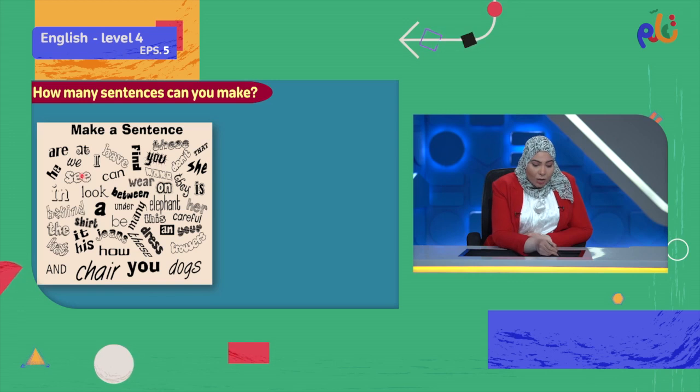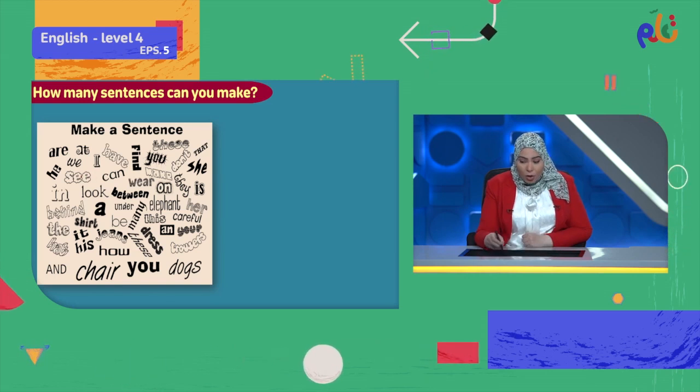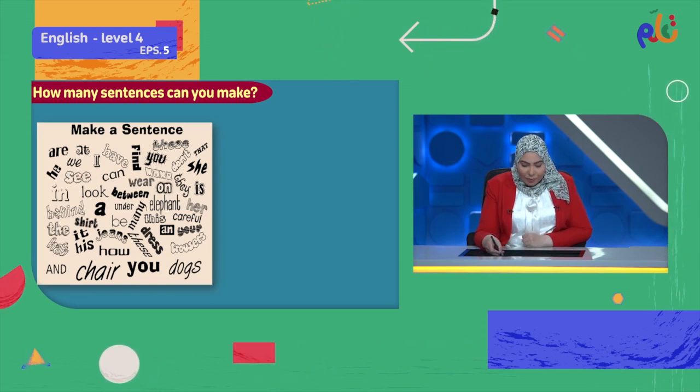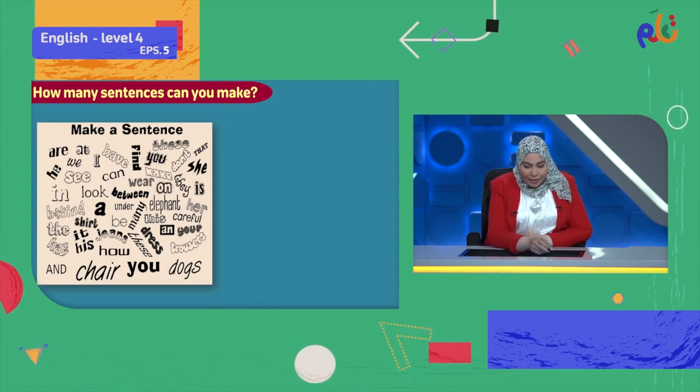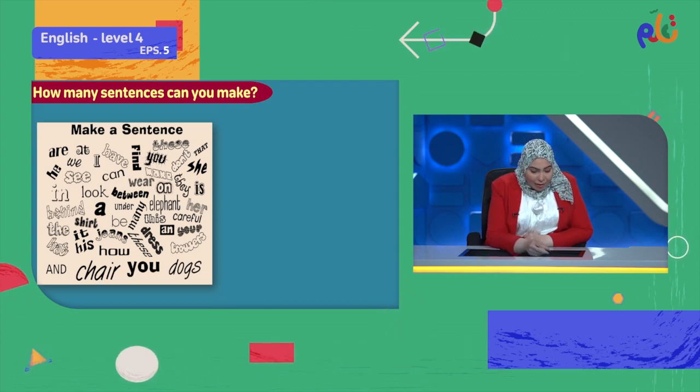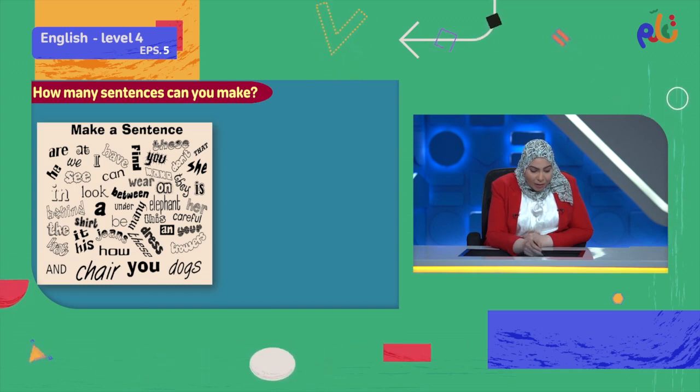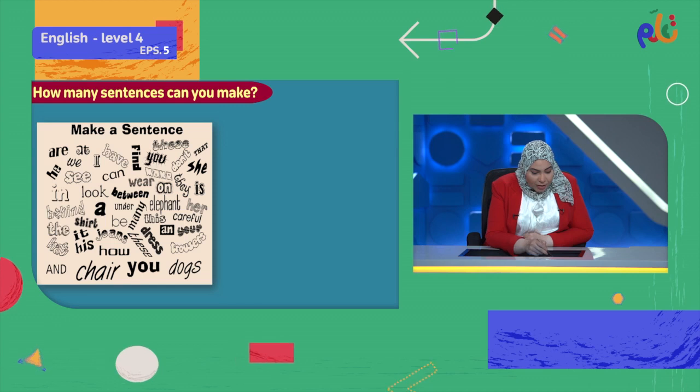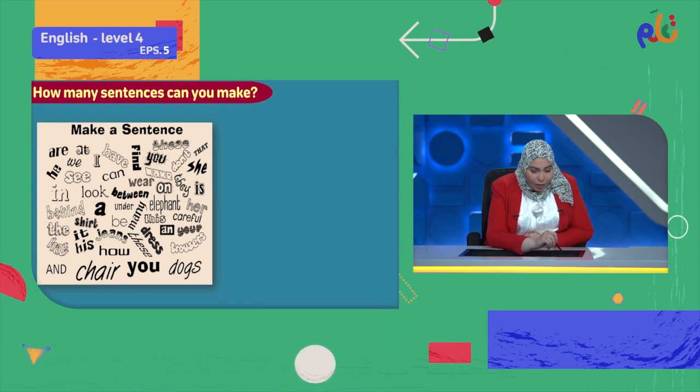The first sentence I made: I used look, and then I had there, and then I had the verb to be, which is are.